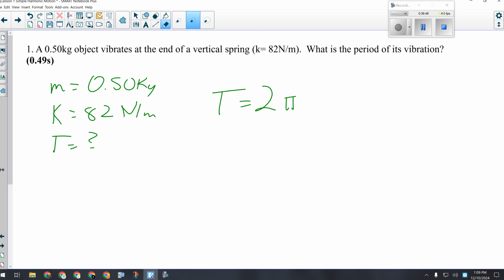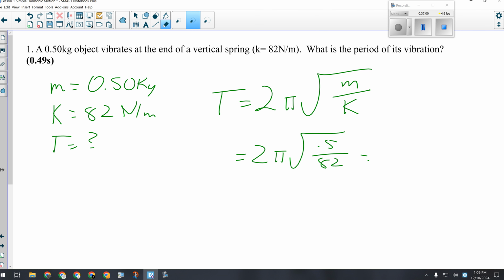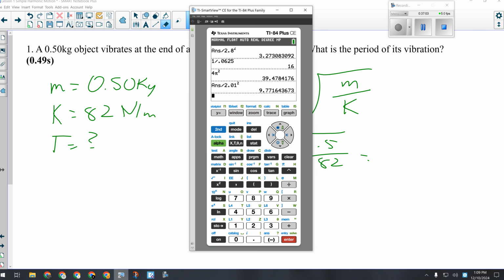T equals 2 pi times the square root of M divided by K. Just plug in our numbers here: 2 pi times the square root of 0.5 divided by 82. We should get 0.49 seconds. Everybody all right with that?